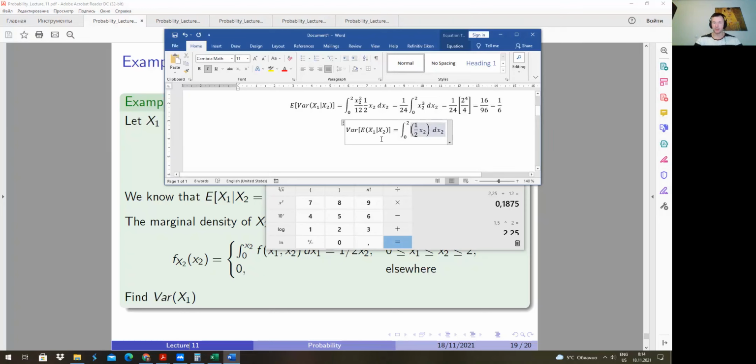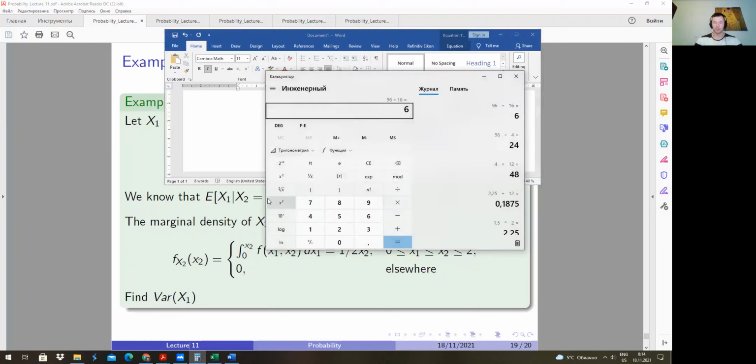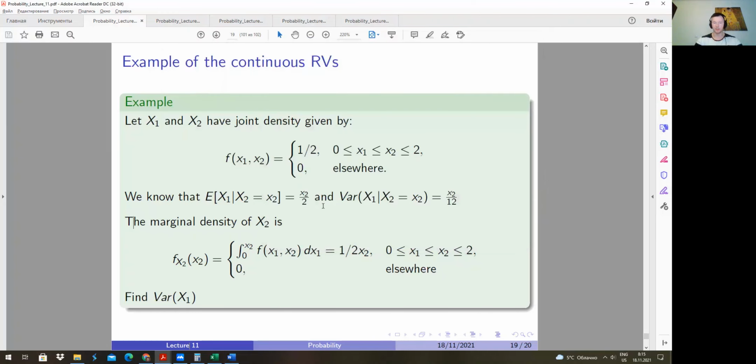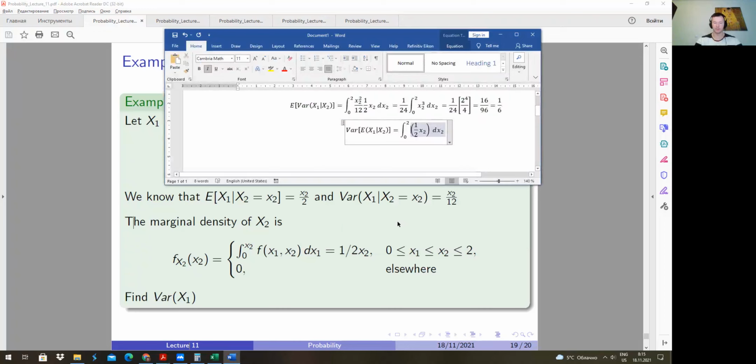So how much is that? First of all, let's remember what the expectation is. It's x2 squared over 4, so the expected value squared, and its expectation, minus the expectation of x2 divided by 2, squared.